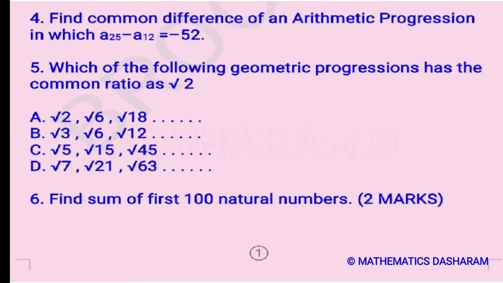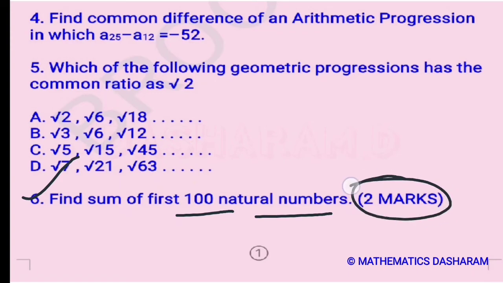Okay. Next, sixth question, find the sum of first 100 natural numbers. It is a 2 mark question. Let's write the list of first 100 natural numbers. So 1, 2, 3, 4, dash, 100. Let's verify whether these are in AP or not.